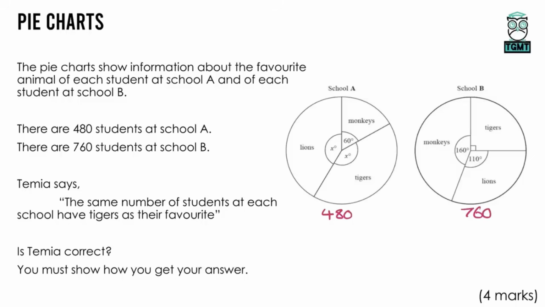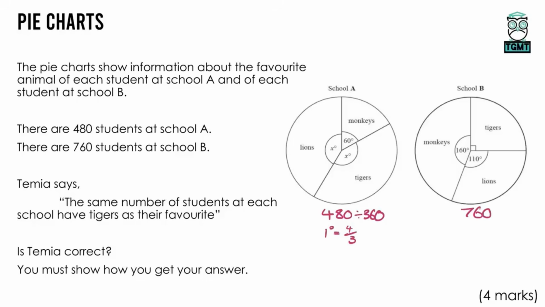So if we divide each of these by 360, and we'll start with School A, 480 divided by 360 is 4/3. Not the nicest of numbers, but 1 degree is equal to 4/3. That's fine, I'll just leave it as a fraction for the moment.